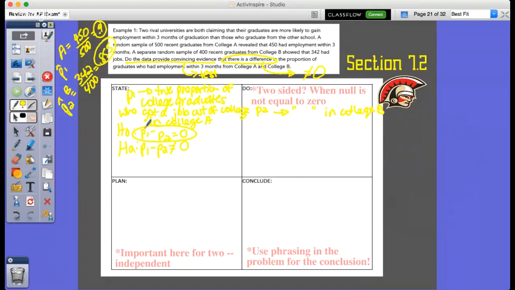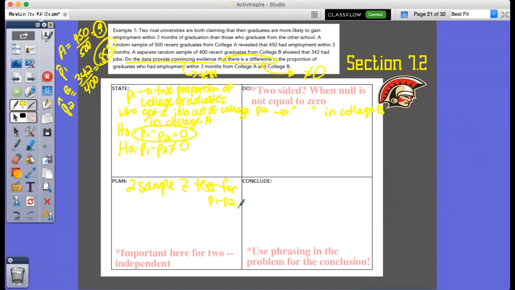P1 minus P2 equals 0 is traditionally what we start off with in terms of our null hypothesis. Okay, so our plan phase, we have two samples. Because it's a proportion, we call it a Z test. Sorry, the test for P1 minus P2, okay?